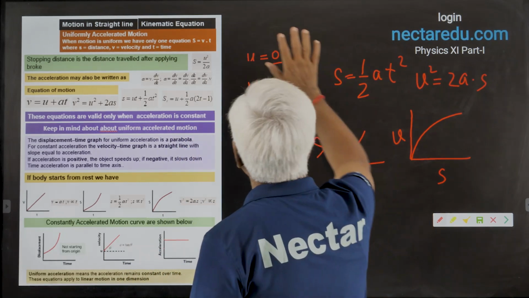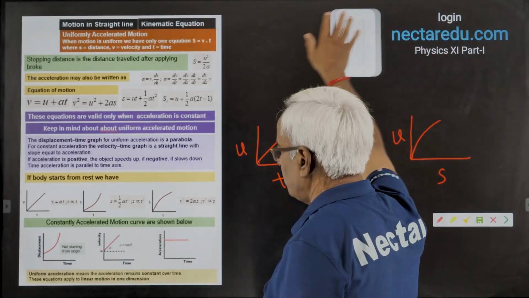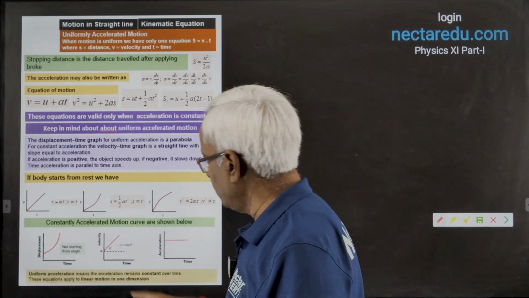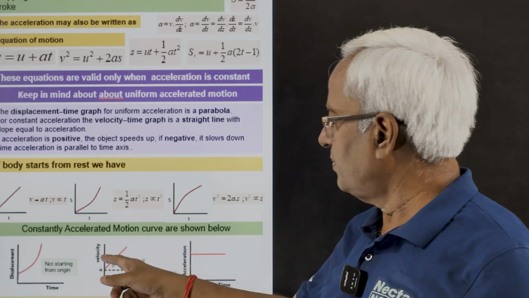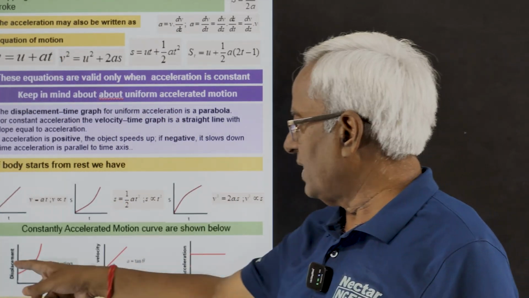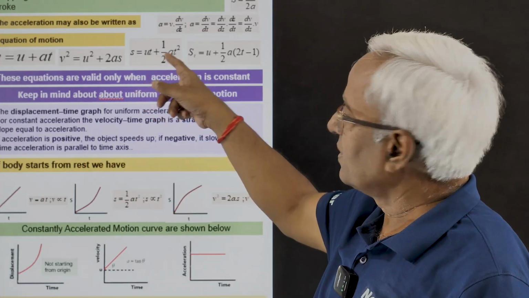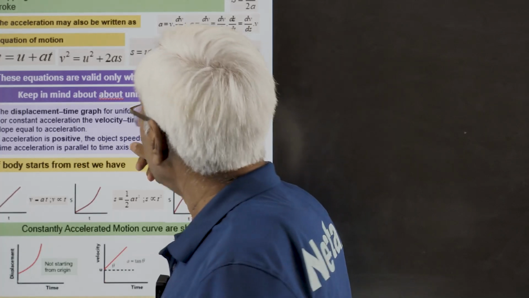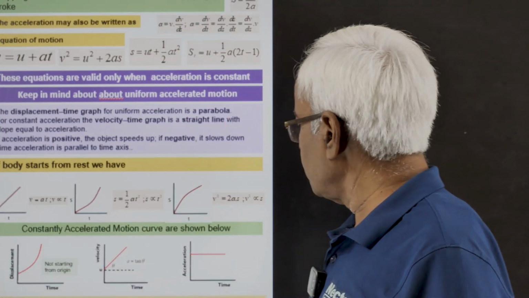And then finally, have a look at these graphs. Between velocity and time, on the basis of this first relation, it's a linear relation. Between s and t, on the basis of this second relation, ut plus half at square, this is a parabolic relation.